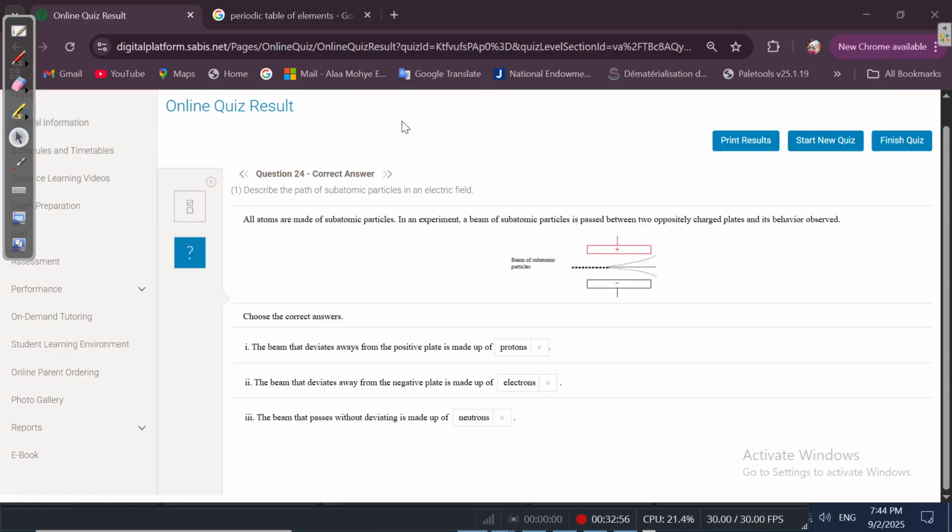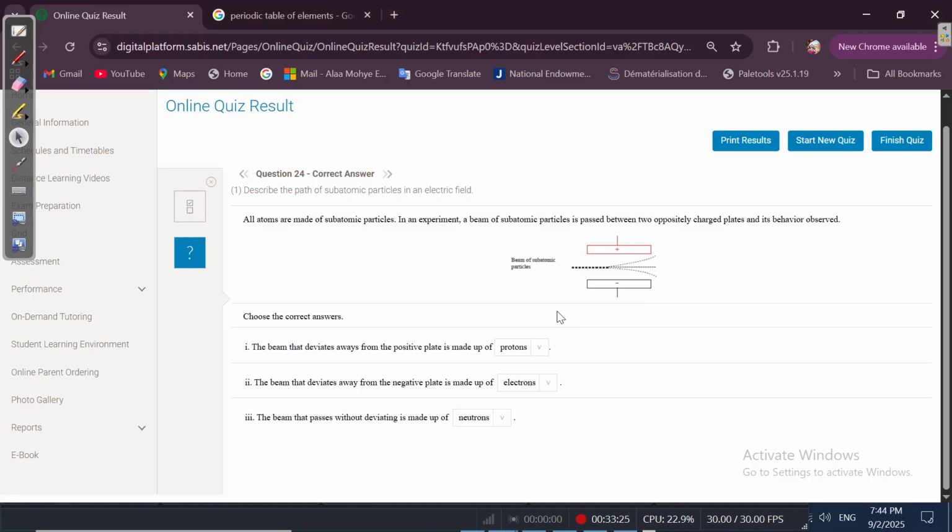This is common sense. You have a positive plate at the top, negative plate at the bottom. You have 3 particles. One goes towards the positive, one does not deviate, does not shift upward or downward towards any of the charged plates, and a particle that deviates towards the negative plate. Obviously, the beam that deviates away from the positive plate is the protons.